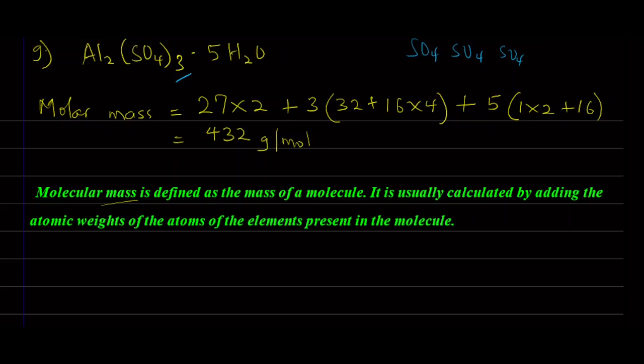For example, if we have O2, O2 is a homonuclear molecule, and we can get the molecular mass or the molecular weight. How can we do this? That means for oxygen atom, don't forget before that, O2 is formed from O and O. They are the ones that give us O2.